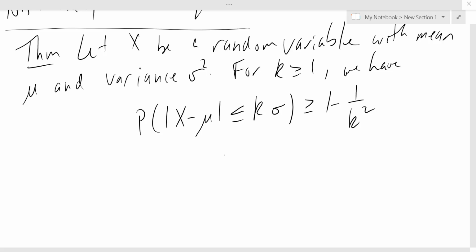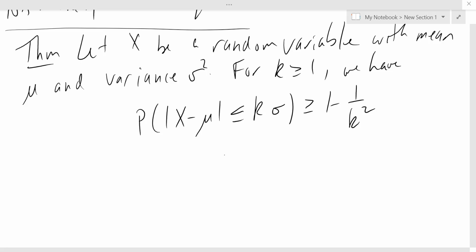Okay, so that's a really interesting statement for the spread of any data set. It doesn't have to be exponential, Poisson, normal, binomial, whatever. It tells you how the data are spread out. Now again, it's not the best bound in the world, because the probability that you are within one standard deviation of the mean is at least 0. Well, yeah, no kidding.